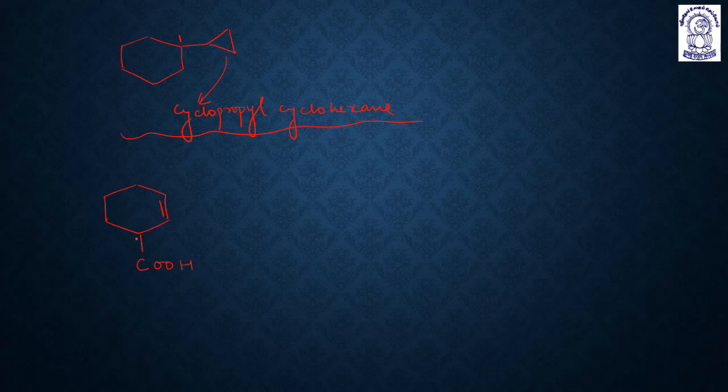Now it will be 1, 2, 3, 4, 5, 6. It is cyclohex 2 ene 1 carboxylic acid. So we have completed the naming of the spiro and the bicyclo compounds.